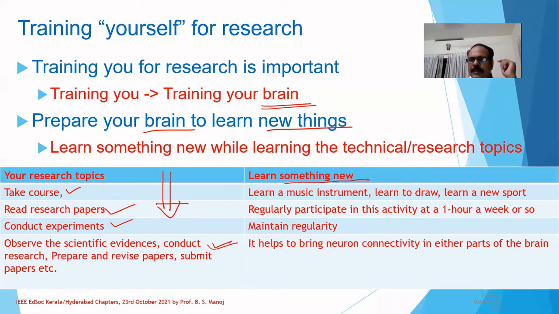That can be something like taking a class which is not for a research problem, such as a music or painting class, or learning a new sport or whatever. Regularly participating in this, even for a very short time, can help bring new neuron connectivity in other parts of the brain, which will help create insight for your research.